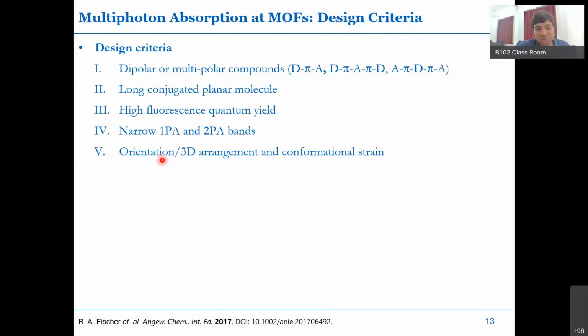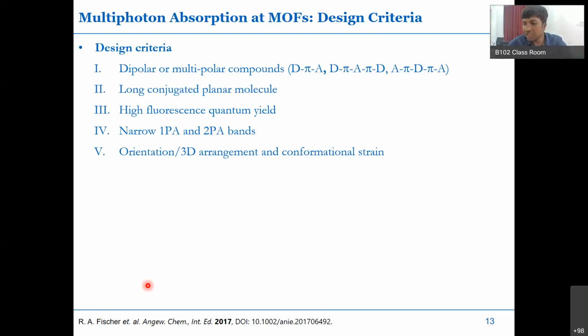Of course, the last one, as you know, is that MOFs are framework materials, which are solid state materials that can be easily designed. So you can design conformations in various spaces.